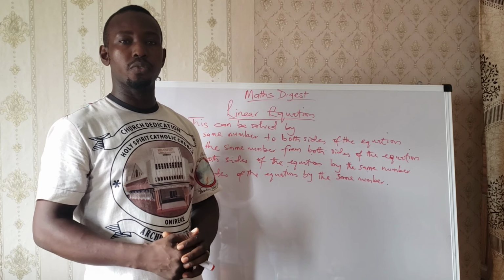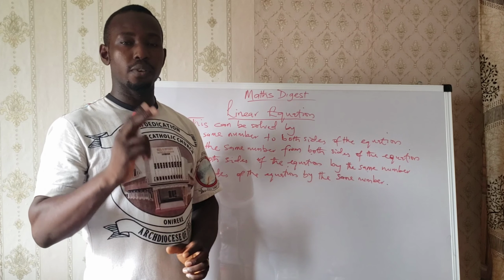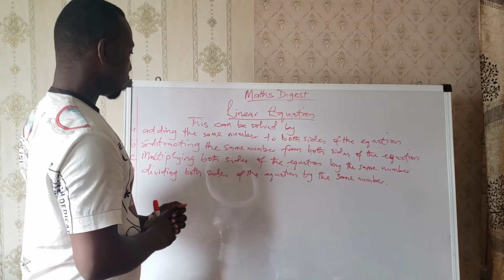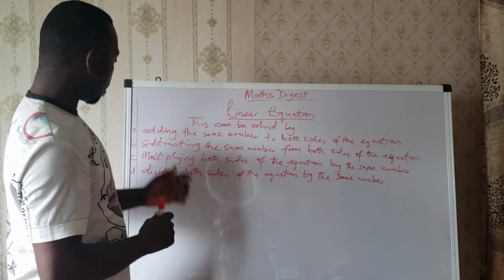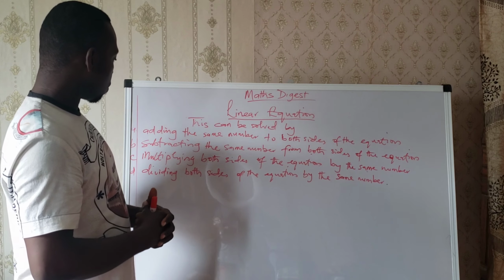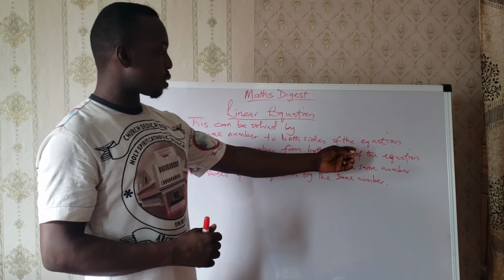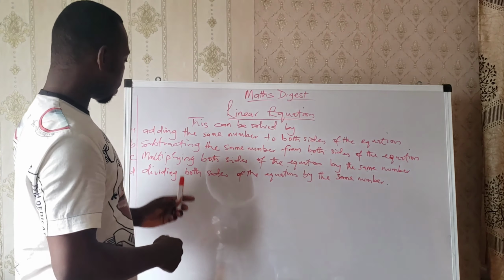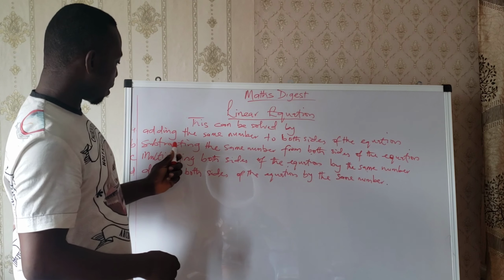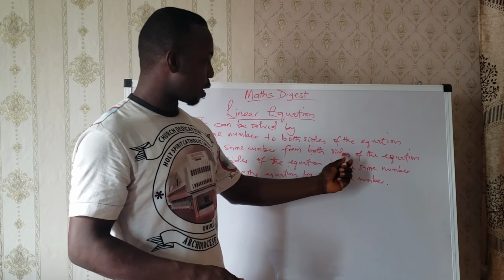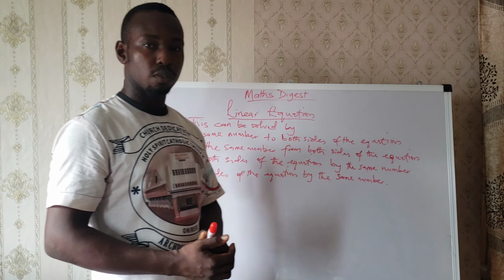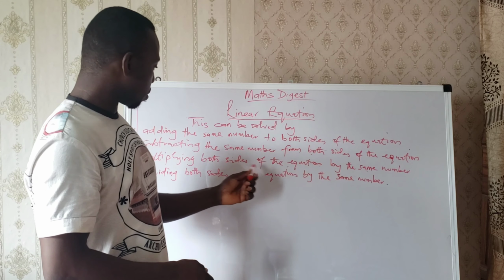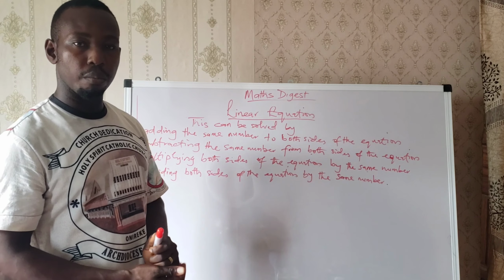Now, for you to solve a linear equation, there are four things you have to employ. The first one says you can add the same number to both sides of the equation. The second one, you may subtract the same number from both sides of the equation. The third one, you may multiply both sides of the equation by the same number.